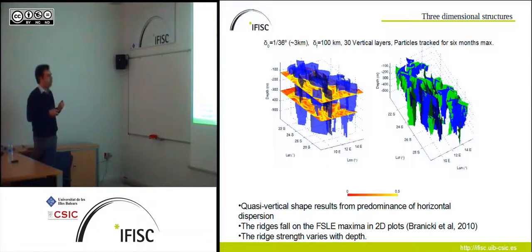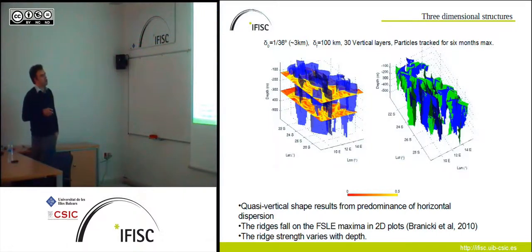And of course, we want to explain why these are vertical, and the reason is that since the dispersion is mainly horizontal, and these structures are supposed to be normal to the direction of maximal dispersion, since this direction is horizontal, then these surfaces have to be necessarily vertical.